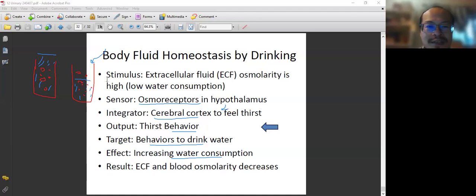You have the same sensor. The osmoreceptor will sense it in the hypothalamus, in the brain. It will give you the desire to drink water, and so you will go to drink water.